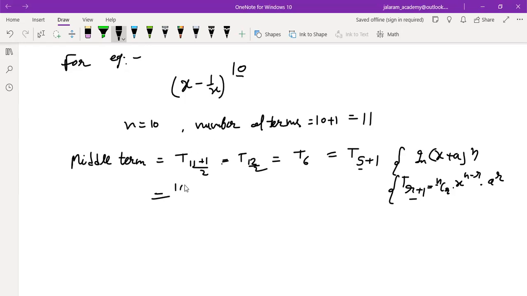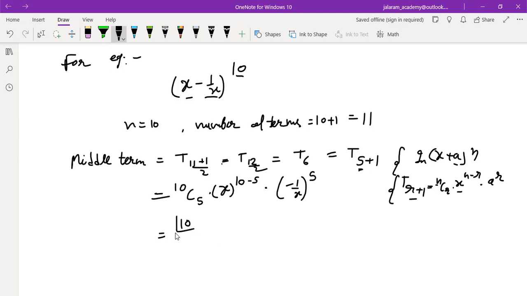So we write 10C5 into x, whole to the power n minus r, means 10 minus 5, into a. The value of a is minus 1 by x, whole to the power r. r is 5 again. So 10C5.